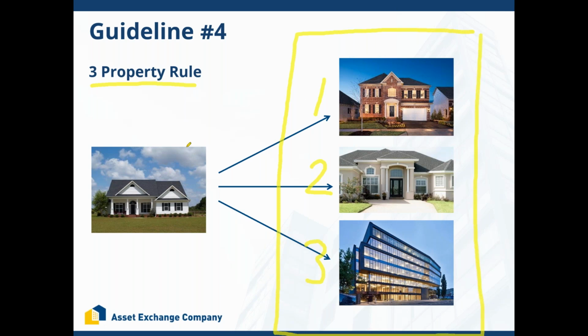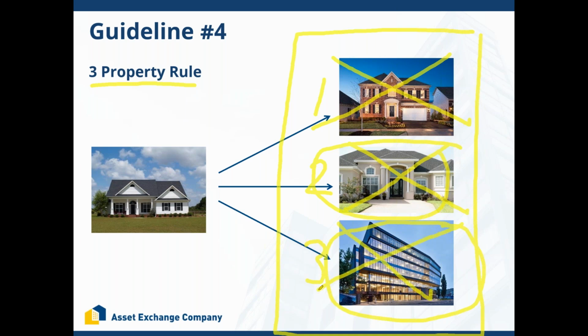Hopefully, the first property on the list is the one you really want and you can get it. But if not, if someone else buys that property, you're going to have to go to your second option. If you can't close on the second property, you're going to go to the third. Now, if you cannot acquire the third property, you are out of luck.